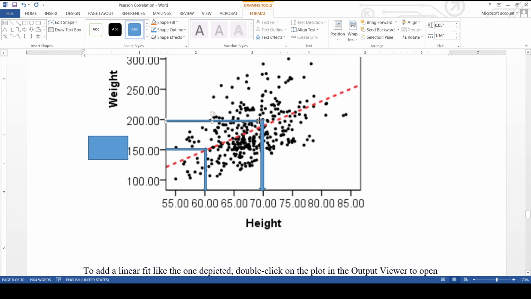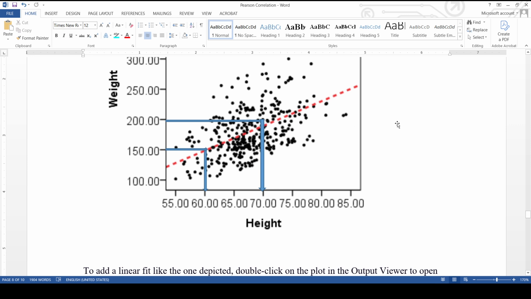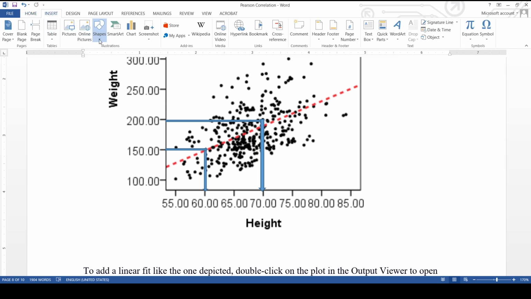Exactly. So you see that as the weight is increasing, the height is also increasing. That's why you have a scatter diagram like this, where the dots are scattered, but it's tending towards a positive linear, and you can now have a straight line. But if it is negative, if the weight is decreasing as the height is increasing, the taller the person is, the lower the weight will be.